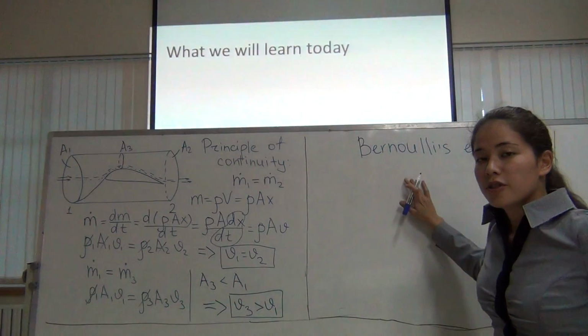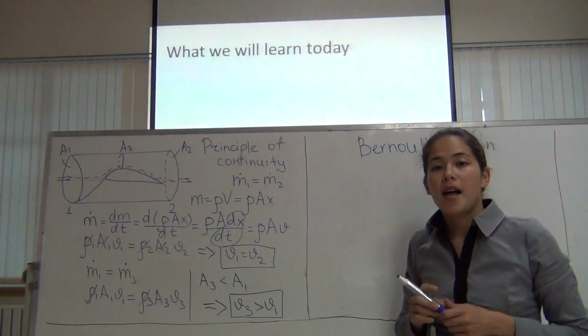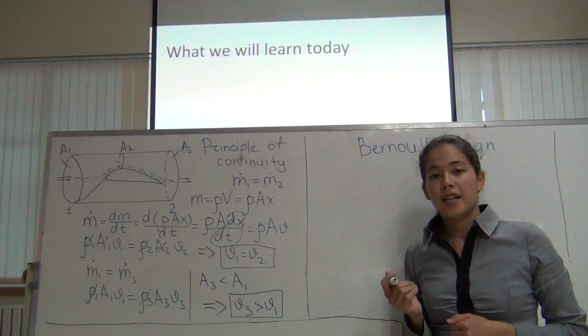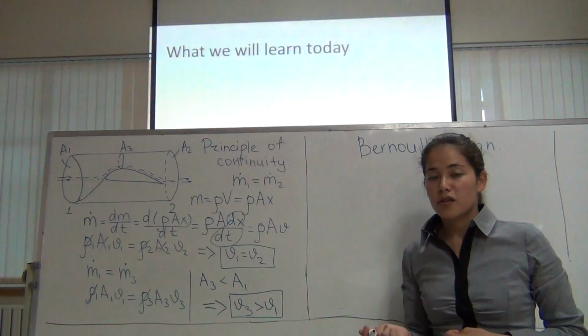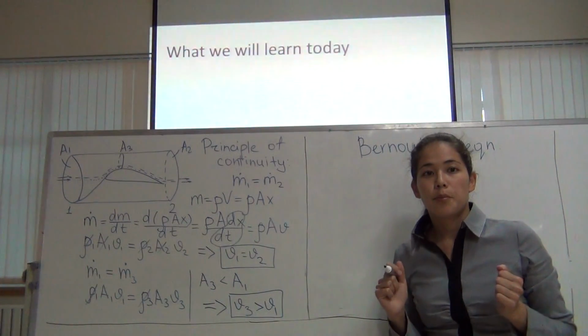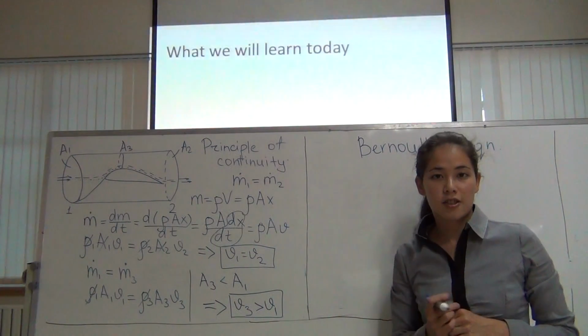So, in order to derive Bernoulli's equation, we apply the basic physics principle that energy can be neither created nor destroyed. So that means that total energy is always conserved, but what makes total energy? It is a sum of kinetic energy and potential energy.